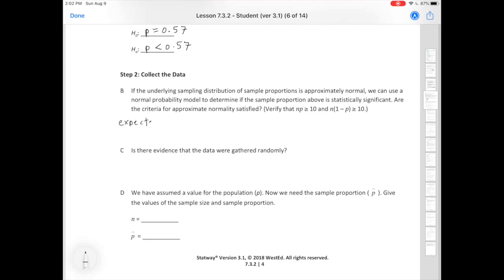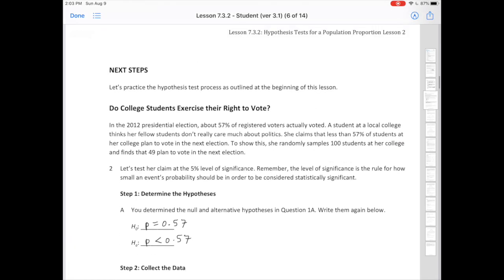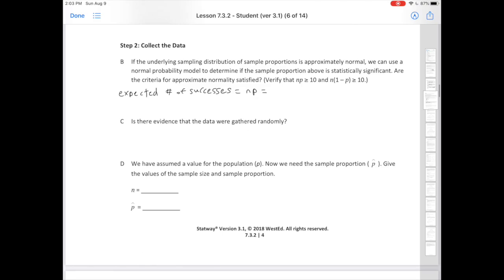So what are the expected number of successes? That's just n times p. And what would n be? Remember, our sample size was 100. So it's going to be 100 times 0.57, which if you use your calculator, you'll see is just 57.